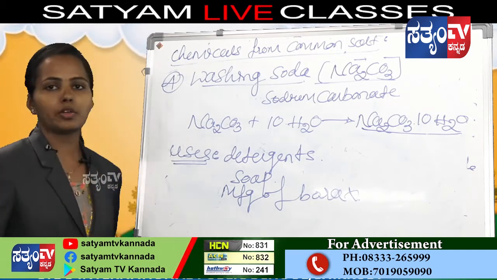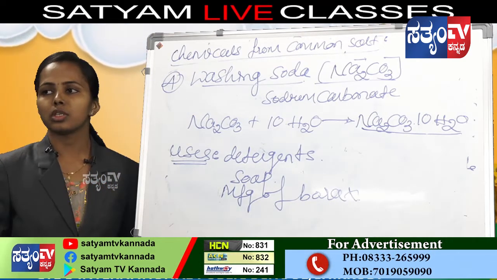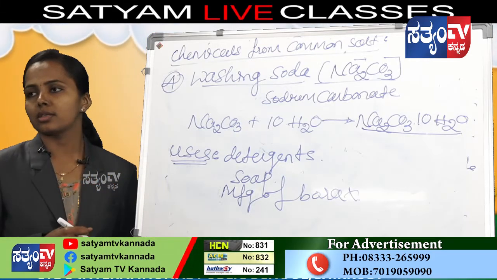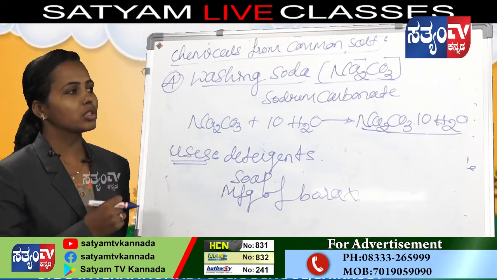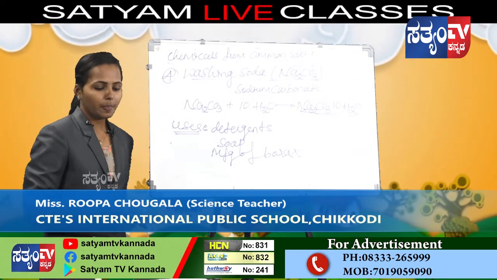For the manufacture of borax we are using washing soda. And detergent powder and detergent cakes like soaps, by using this washing soda we can prepare these materials.